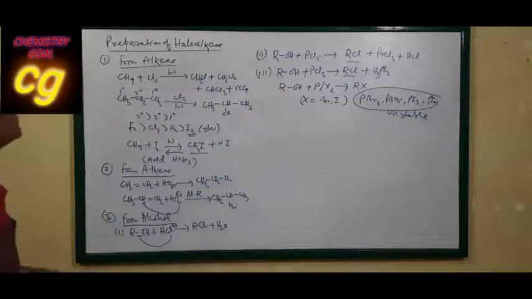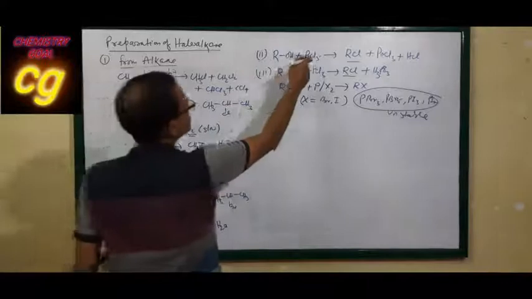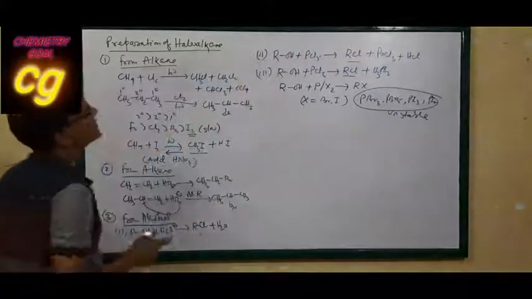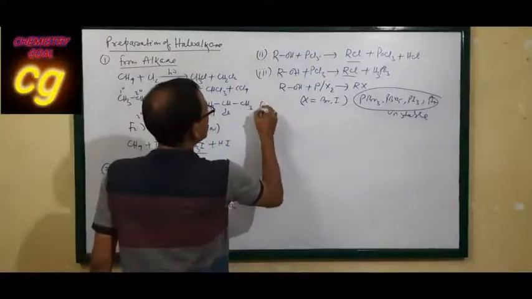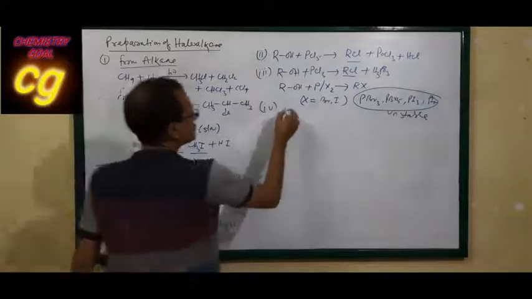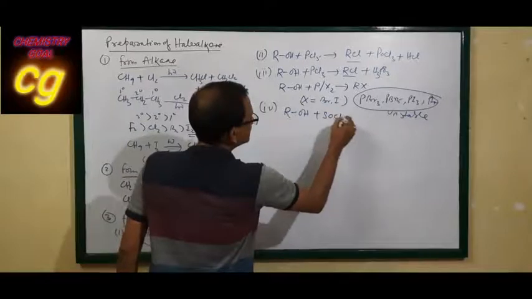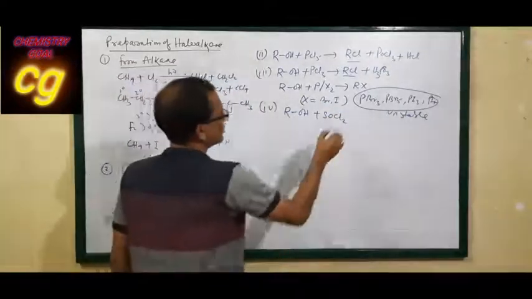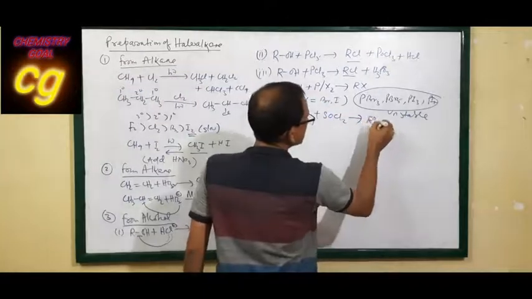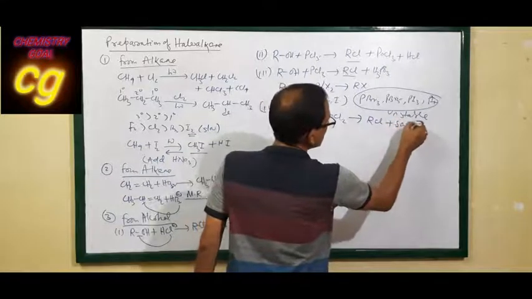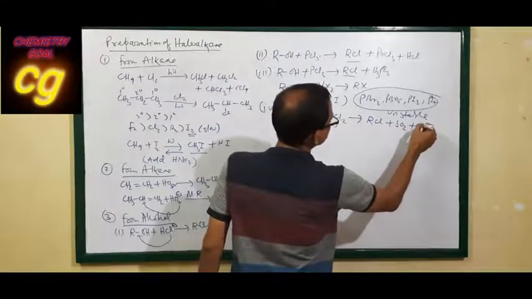So, preparation of haloalkane can use PCl5, PCl3, concentrated HCl, and also you can take SOCl2, alcohol with SOCl2. This is called thionyl chloride. The product is RCl plus SO2 plus HCl.